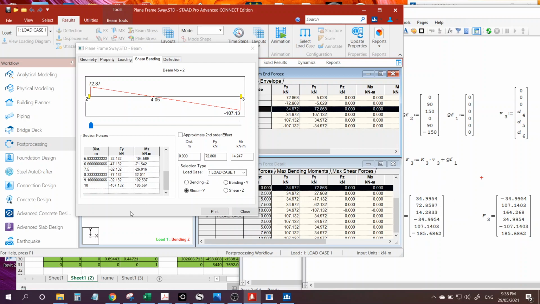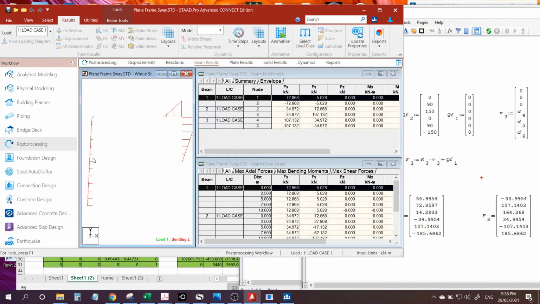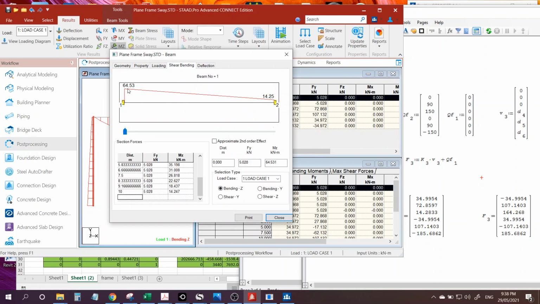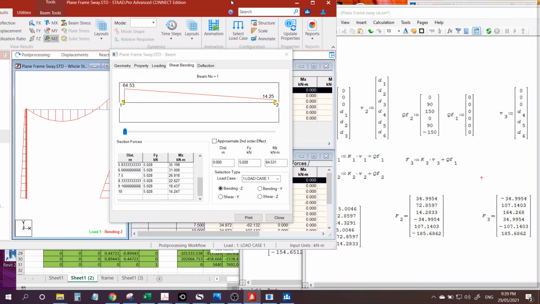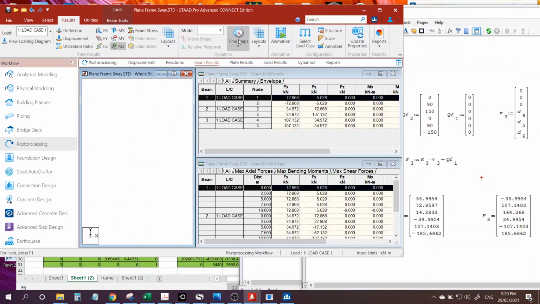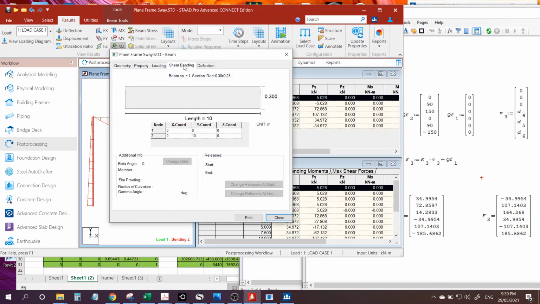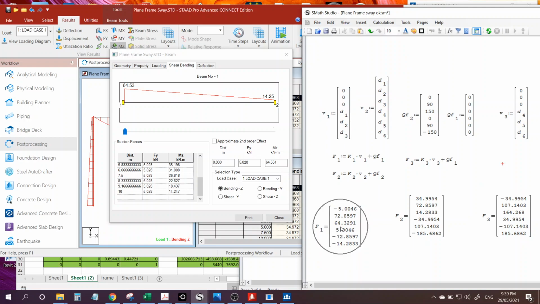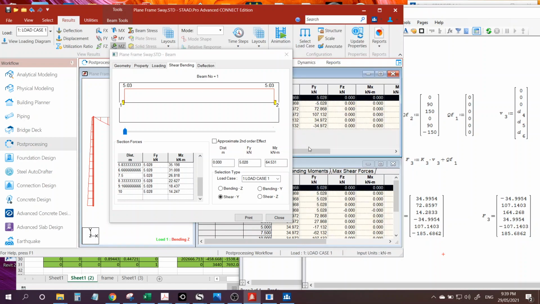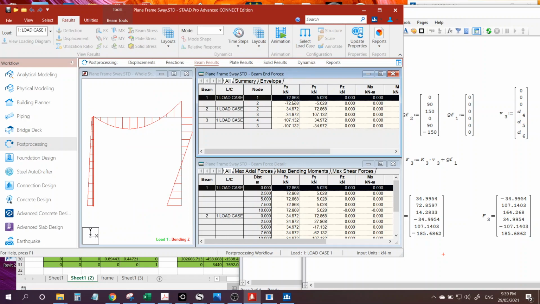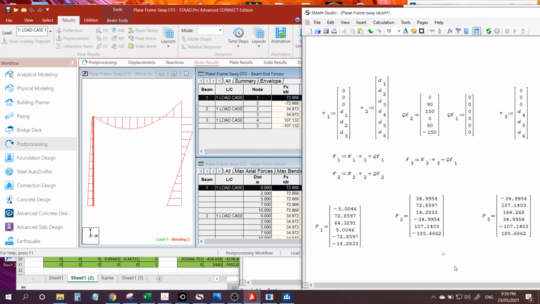So for the column, shear and bending, 64.14, that's member 1. Got 64.14. For shear, 5 and 5. And for axial, it's 72, FX of x, so that's 72.